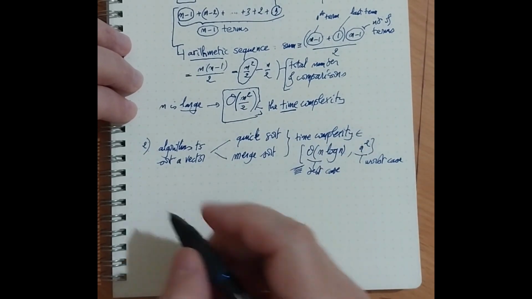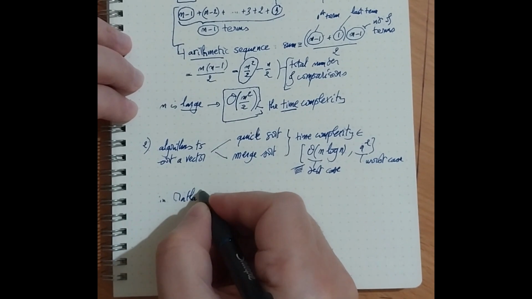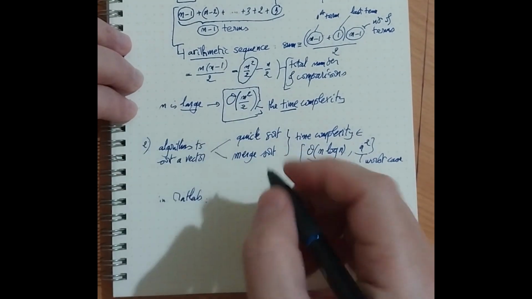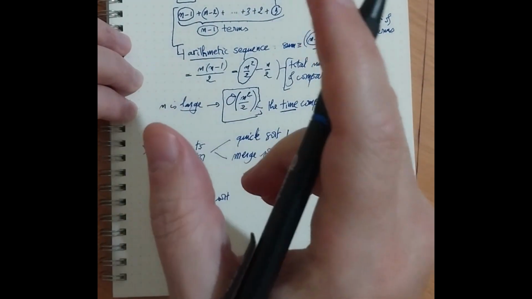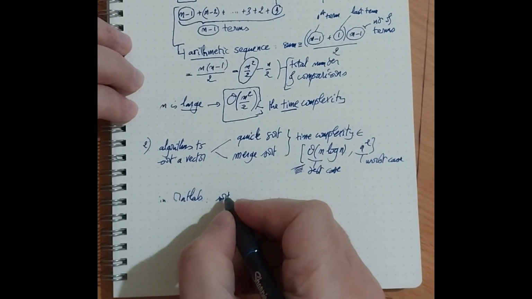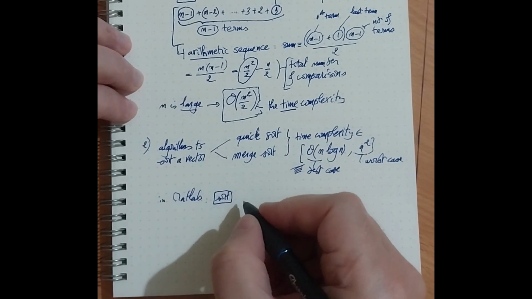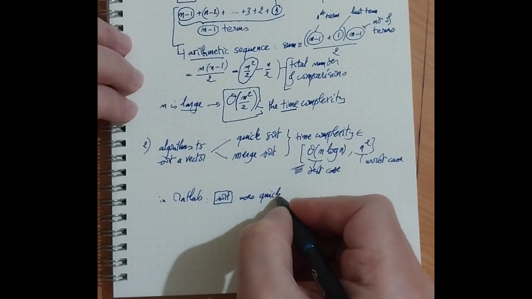And actually in Matlab, the function sort that we have seen just now in our computer setting, function sort with small s, uses quick sort, the algorithm quick sort.